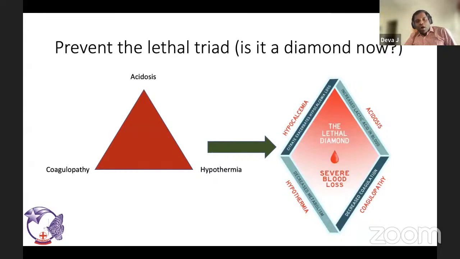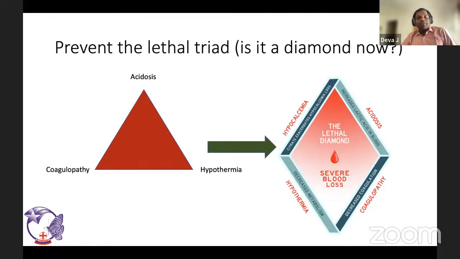When there's hemorrhagic shock, the tissue perfusion is affected. When the tissue perfusion is affected, there is anaerobic respiration happening in the tissues because of lack of oxygen, and there is acidosis. And if you're not careful enough, the patient becomes hypothermic for two reasons. One is, they're not covered well enough. Number two, the skin perfusion is going to be less because of the vasoconstriction, so there's going to be a loss of temperature.